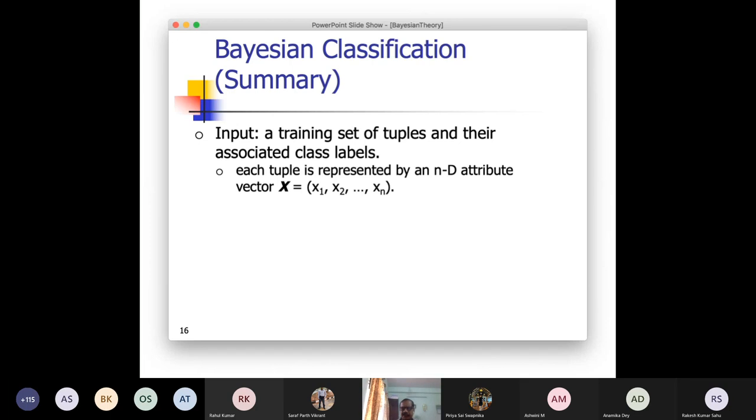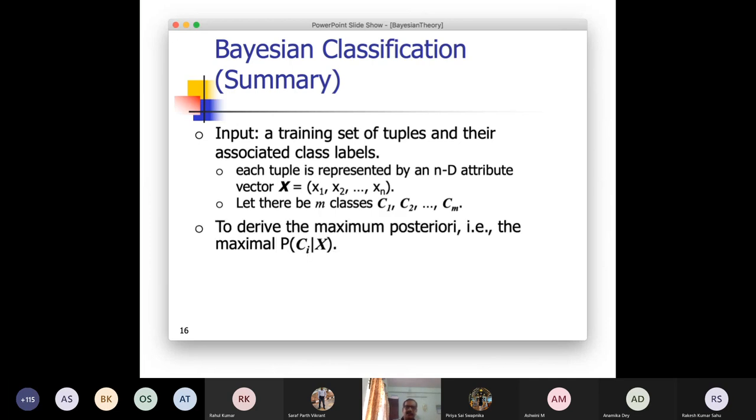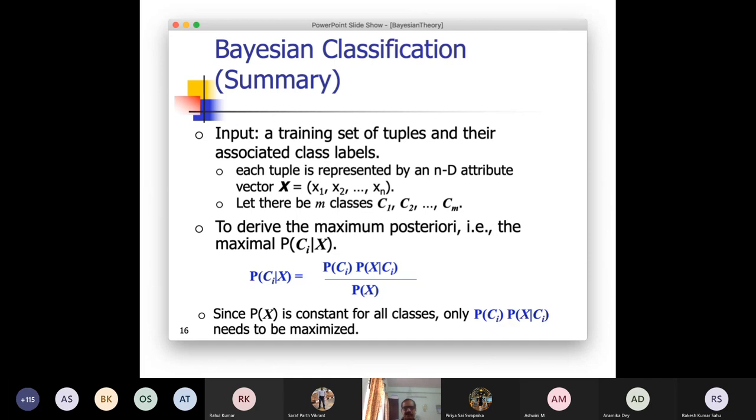We have discussed with respect to the dimensional space and their distributions, because it's a probabilistic inference, and it is sometimes easier to discuss that way. The input is a feature vector, and if there are m classes, you derive the maximum posterior probability, and the class for which the posterior probability is maximum, we assign that class. And this posterior probability is computed in this fashion.